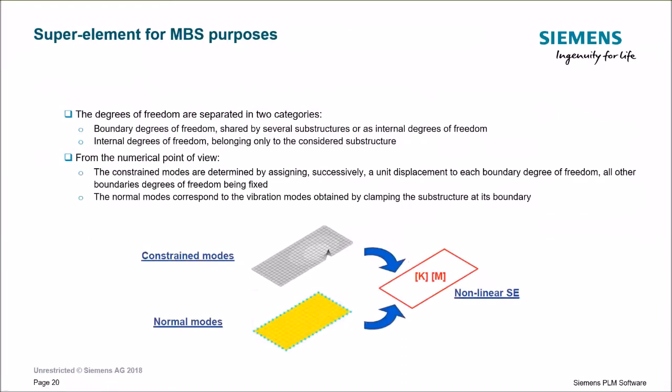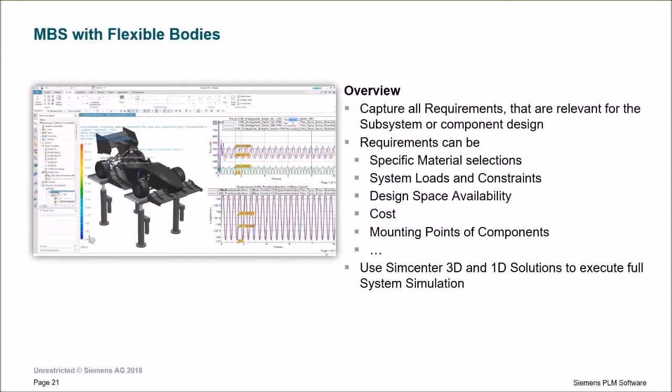In reality, or in practice, you cannot take all existing modes, because it goes to infinity. So then you apply a Craig-Bampton methodology to reduce the number of modes, in which you can take into account the so-called constraint modes and the normal modes, and create a reduced mass and stiffness matrix for nonlinear applications like multi-body analysis.